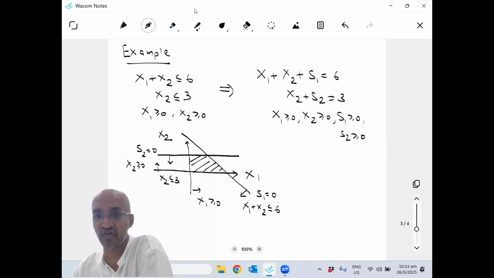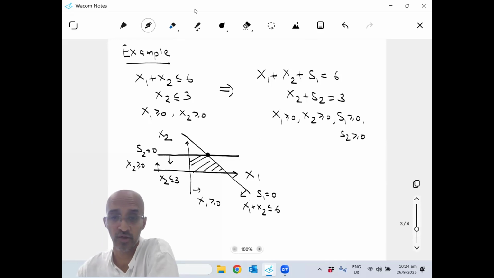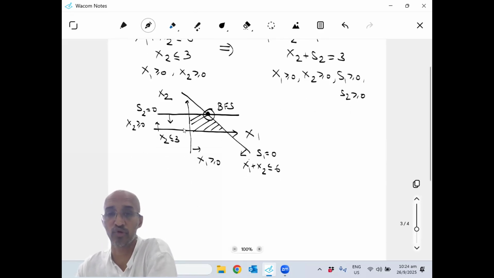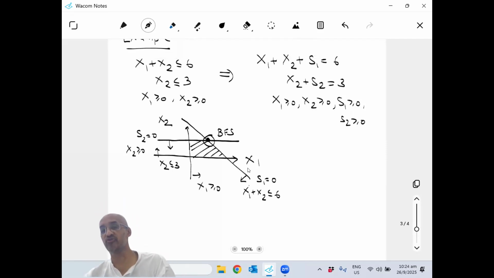So there are four basic feasible solutions. Let's take maybe this one. Let's try to figure out what this basic feasible solution looks like. So there are two variables which are set to 0.